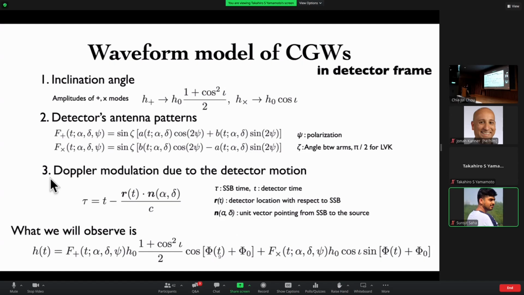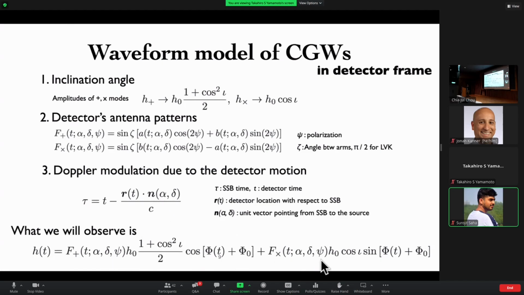The Earth rotating and the Earth orbiting around the sun make a Doppler modulation in the frequency. It can be described as a change of the time coordinate from the source frame to the detector frame. Here, r(t) is the detector location with respect to the solar system barycenter, and n is a unit vector pointing to the source.